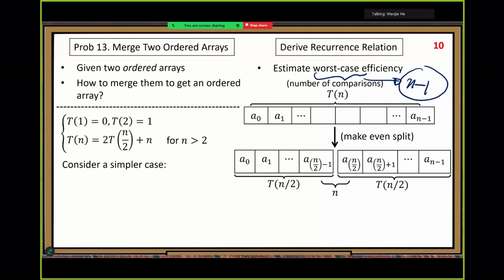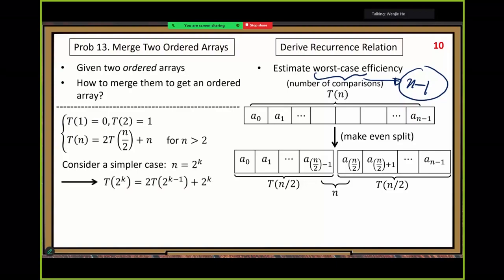That means every time we do division by 2, we get an integer. So that special case should give us some general idea, the trend.